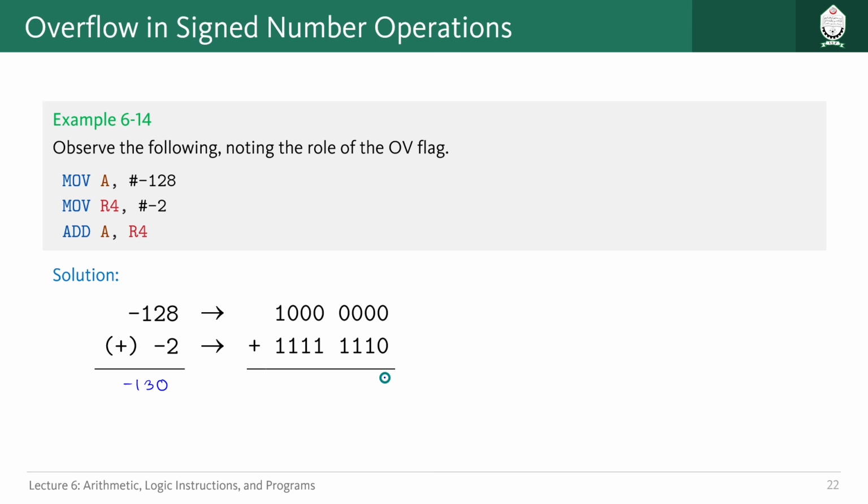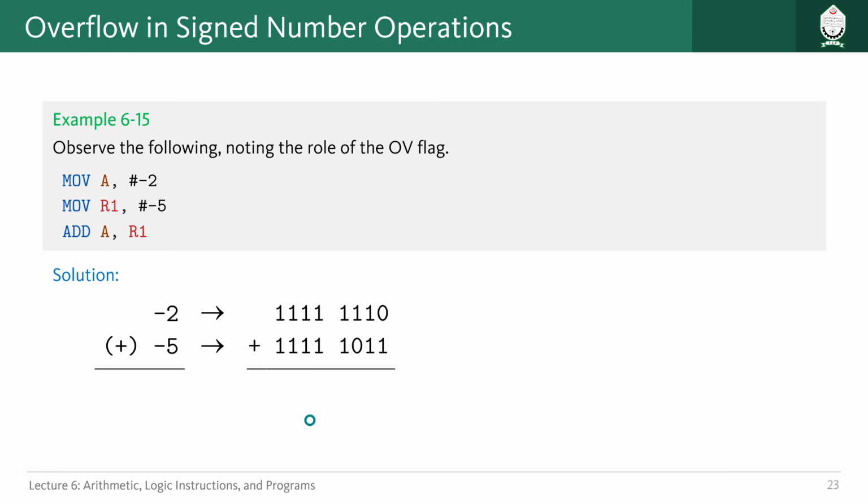Let us look at the result first. 0 1 1 1 1 1 1 1 1 0. There should be a carry here, right? So there is a carry from D7 to out, but no carry from D6 to D7, right? So the overflow flag should be 1 here to indicate that the result is not correct.